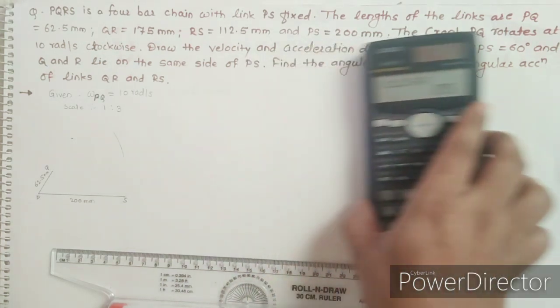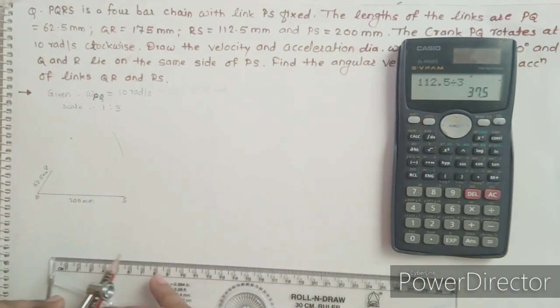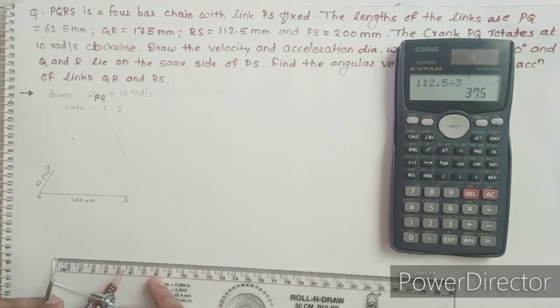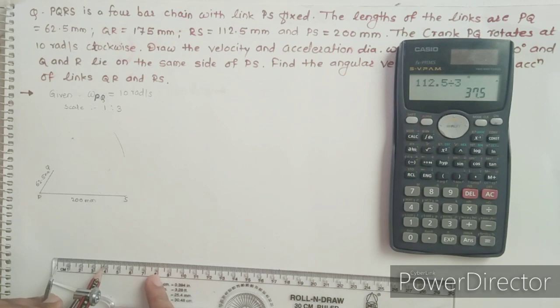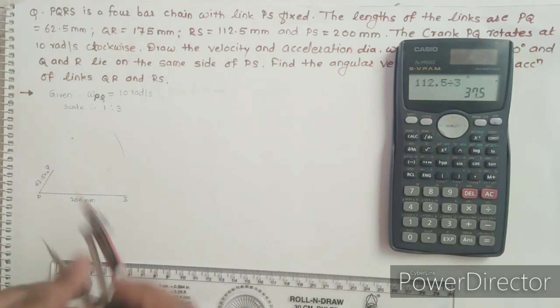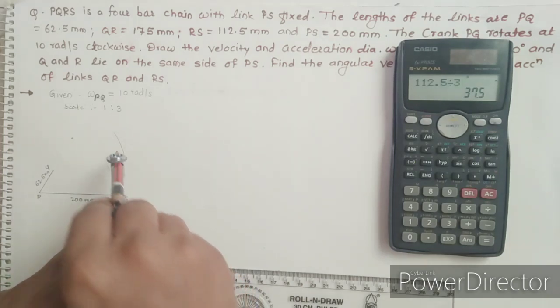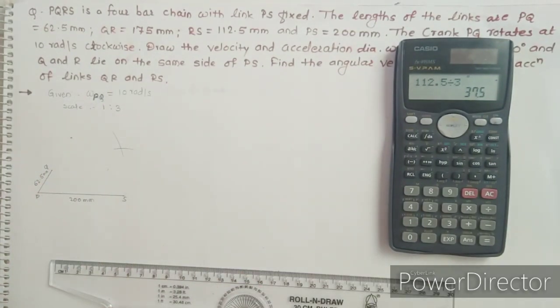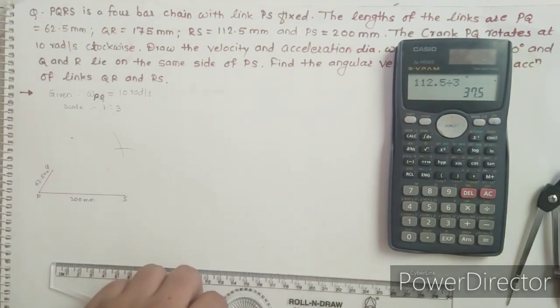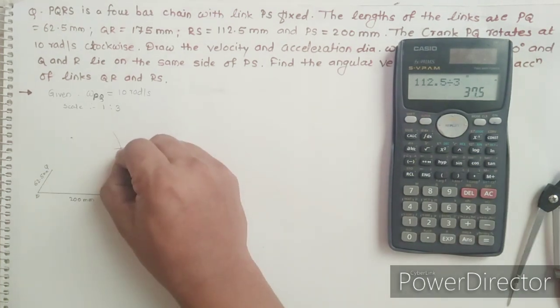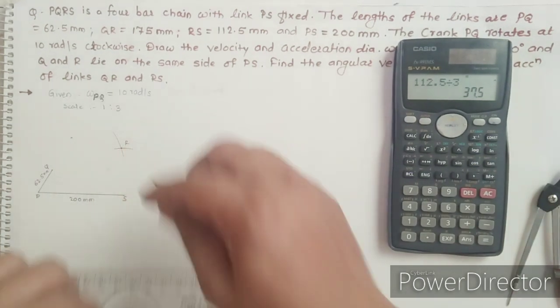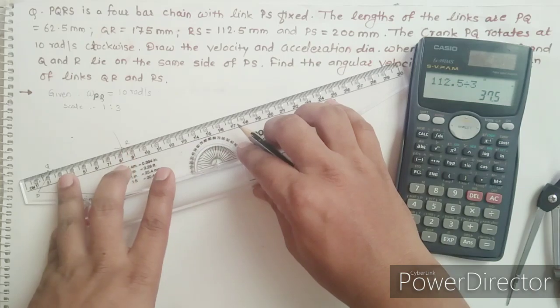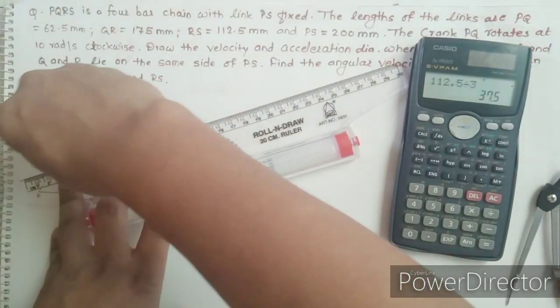So take 3.8 in the compass and make an arc from S, which is the PS end. Now we have got one point, which is point R. So connect QR.